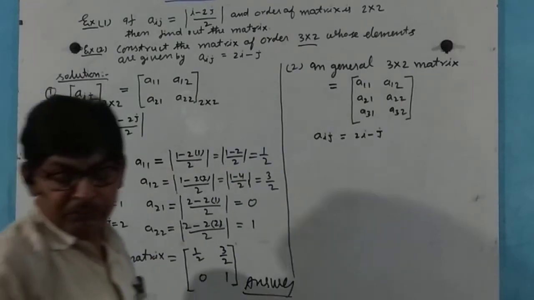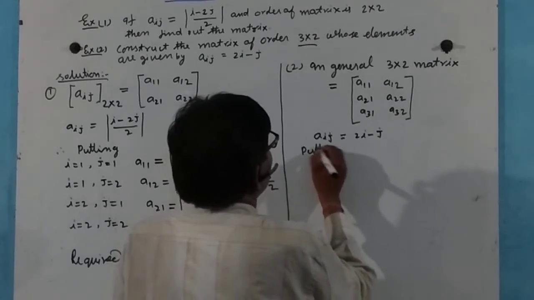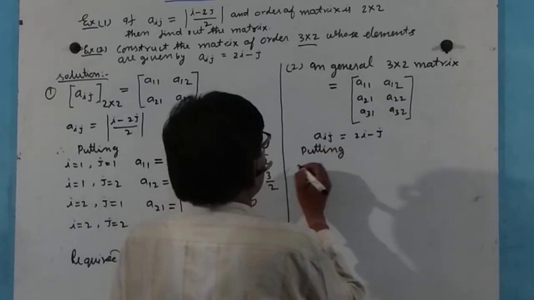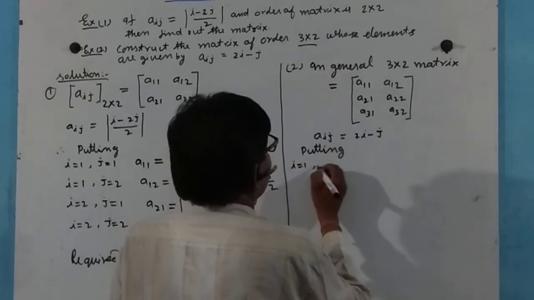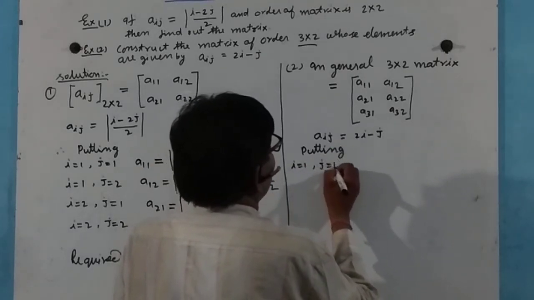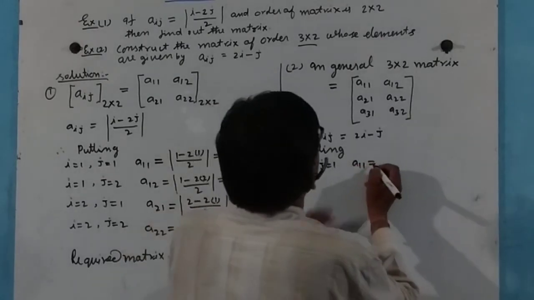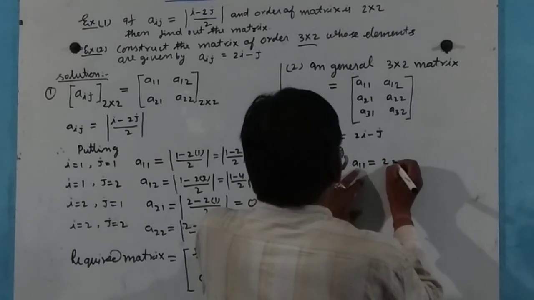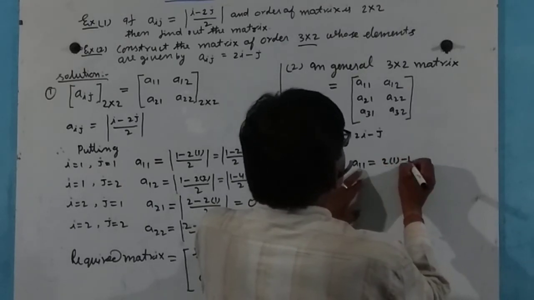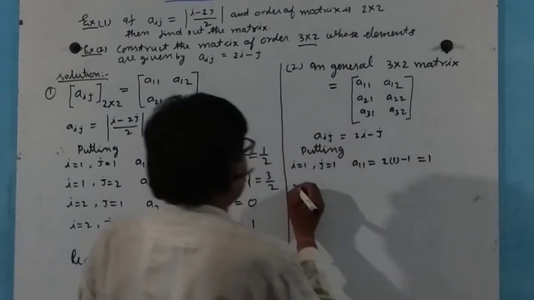Now putting i equal to 1 and j equal to 1, so that A11 equal to 2 into 1 minus 1, 2 minus 1, that is equal to 1.